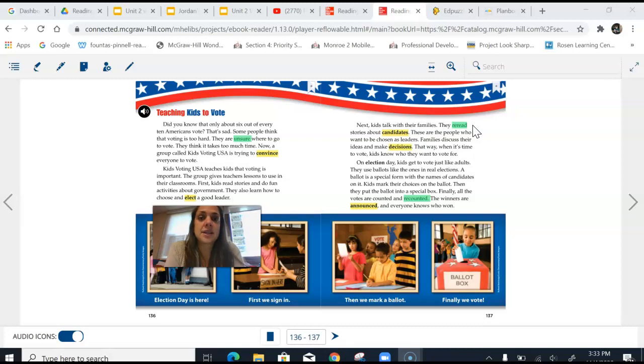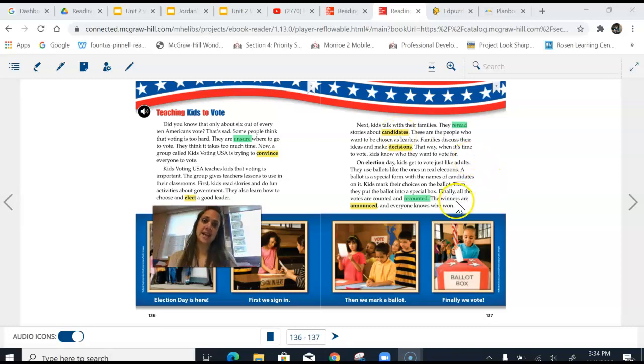Now, let's look at the prefix. What is the prefix? I know the prefix re means to do something again. It means again. So if I take that base word, read, reread means I read again. They read stories again about candidates.